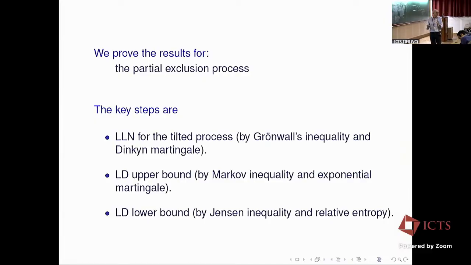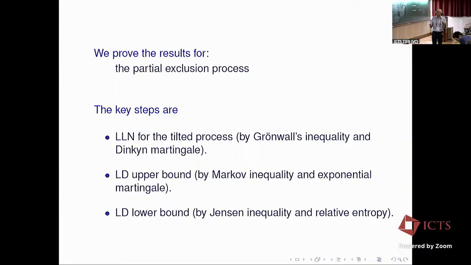So if you want to prove a large deviation result, you have to twist the process in this case, so that the rare event that you would like to see is turned into a typical event. And this is the strategy already laid down in Kipnis-Olla-Varadhan.